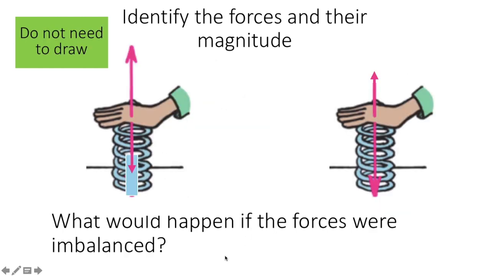Now, if we had these two scenarios, what would happen if the forces were imbalanced? Over here we have the spring force greater than that of the applied force, so then that would mean that the spring would be winning. It would be pushing upwards and moving upwards. In this direction, you can see that the applied force is greater than that of the spring force, so therefore the spring would decrease in size and volume.